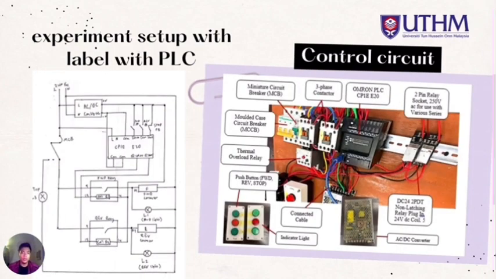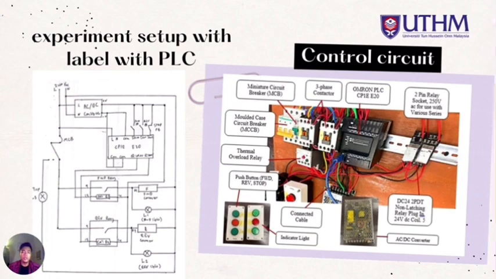Next, I will present the experiment setup with PLC. We need to add two relays, one relay for forward and another for reverse. Then the PLC CP1E and a power supply that we add on for the PLC.